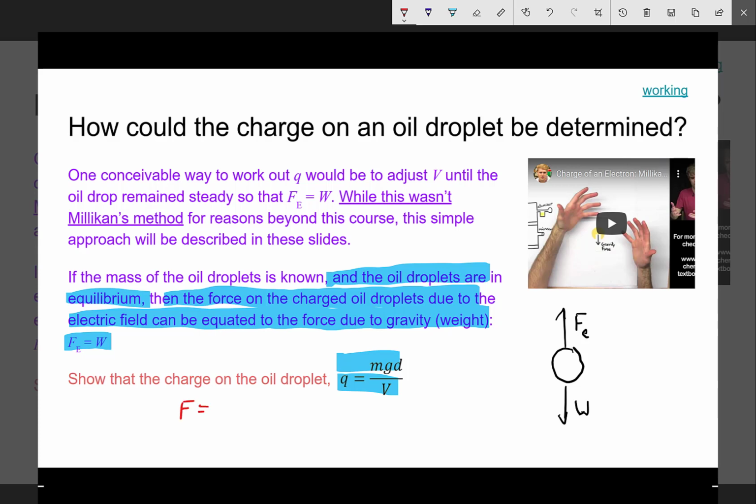You need to know that the force on a charged particle equals the size of the charge times the electric field strength. You need to know that you can calculate the electric field strength using the potential difference between the two plates and the distance, and you also need a formula for weight, which of course you know is mass times the gravitational field strength. So you should now be able to show that the charge on the oil droplets is given by that equation.